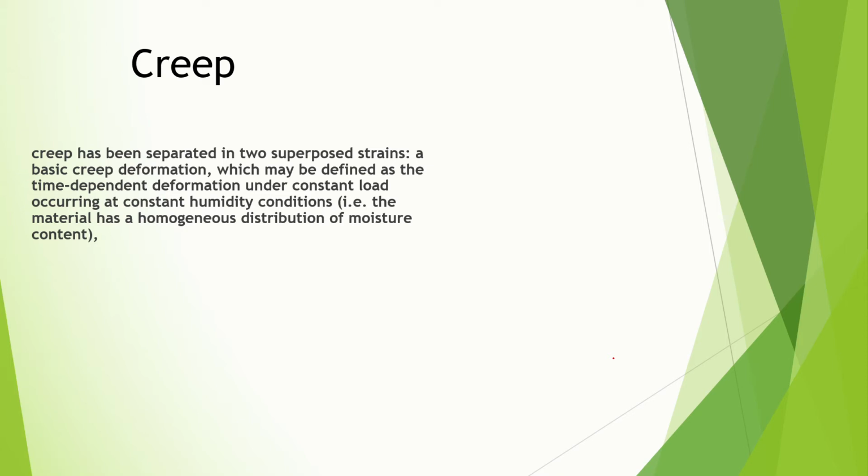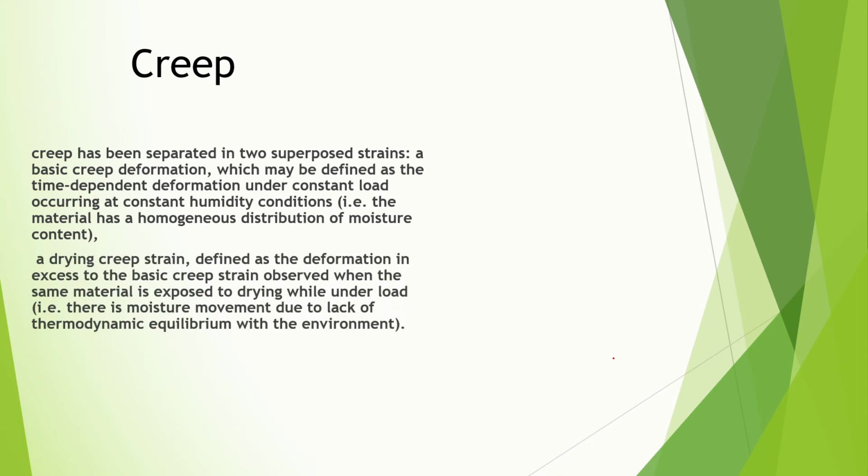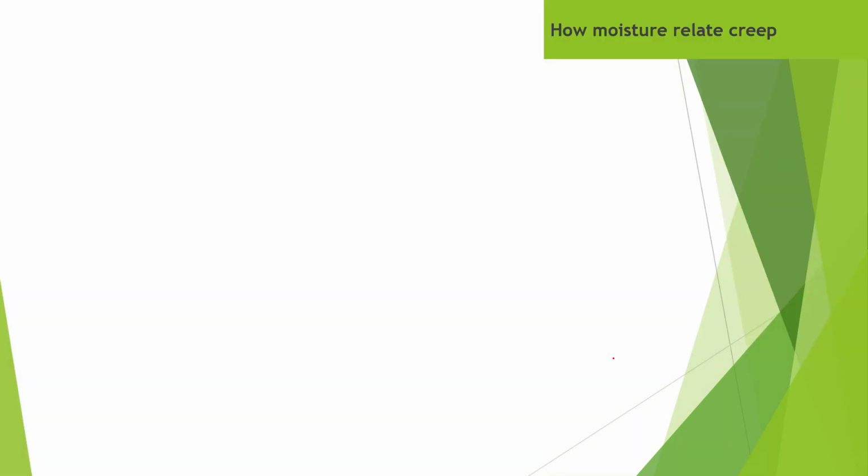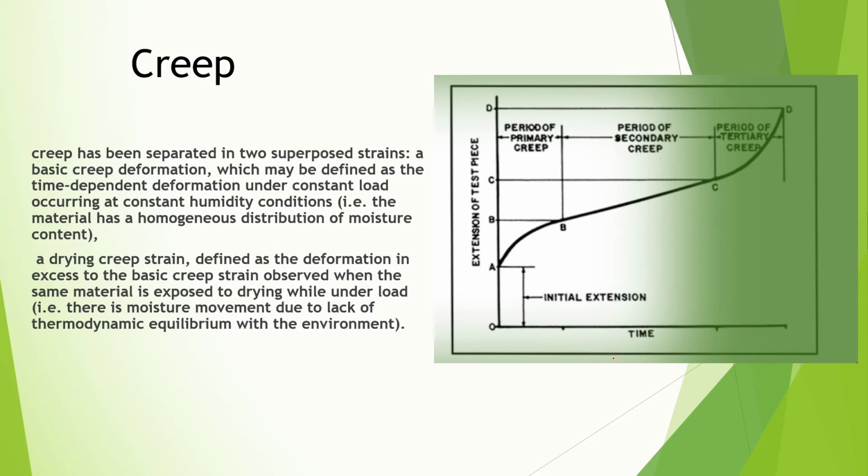Basic creep is time-dependent deformation under a constant load, while dry creep is time-dependent deformation that includes moisture removal due to lack of thermodynamic equilibrium with the environment. This picture shows the stages that creep undergoes.